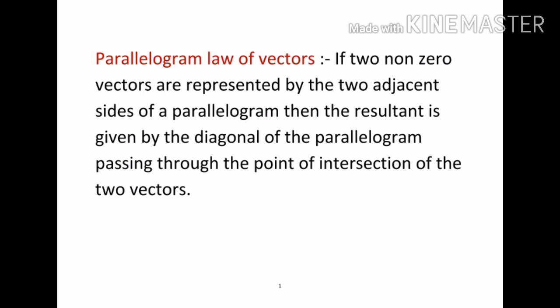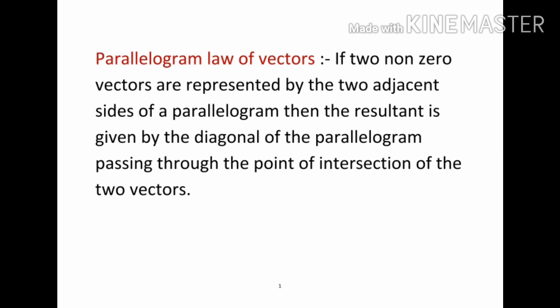To find the addition or subtraction of two vectors, generally we use two types of laws. First one is the parallelogram law of vectors and the other one is the triangle law of vectors.